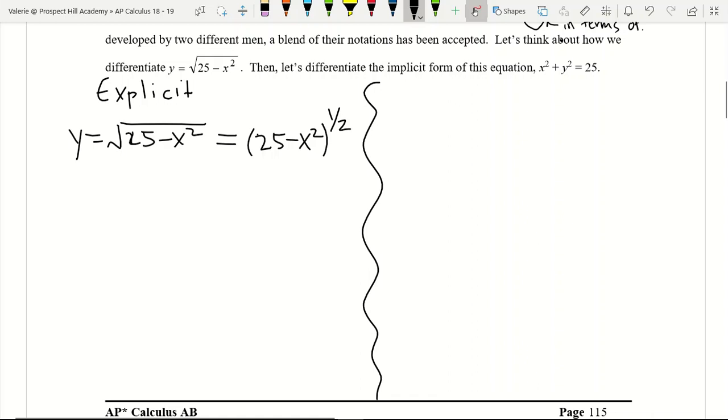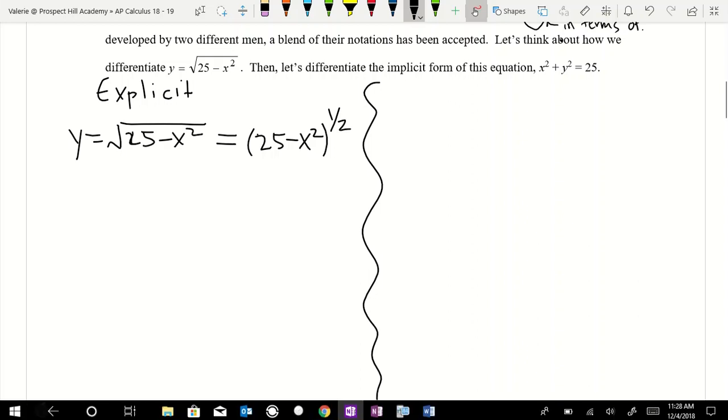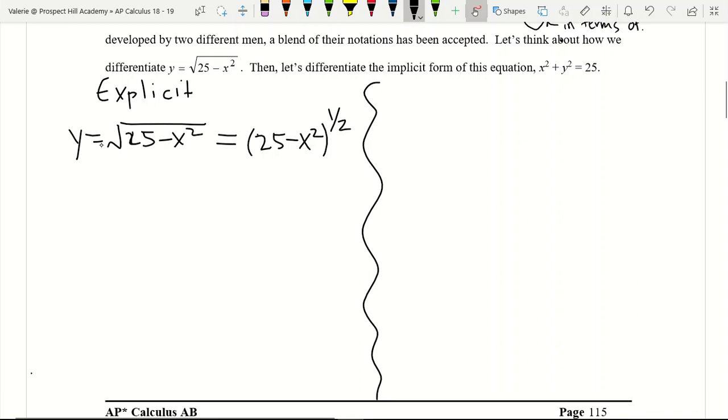What I want you to do is differentiate that function. When you do that, you should get the same answer as what happens when I differentiate our implicit function, which I will do on the right side.